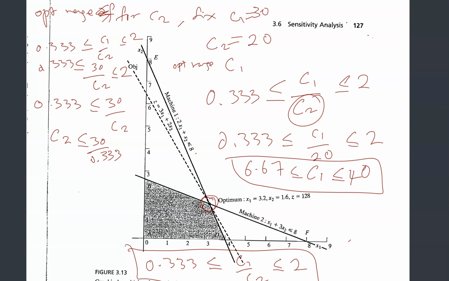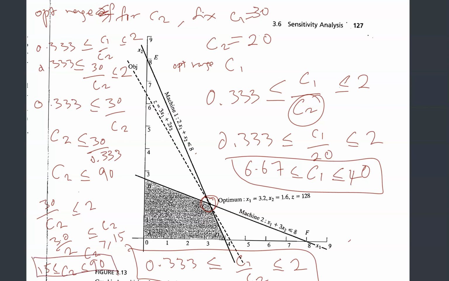So c2 is larger than or equal to 15, and you can write c2 larger than 15, less than 90. So this is the optimality range for c2.